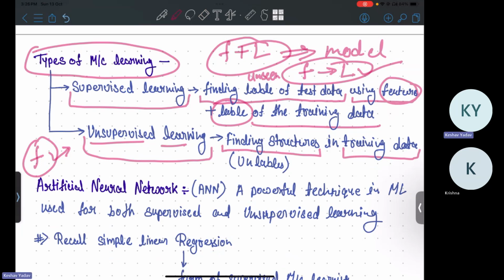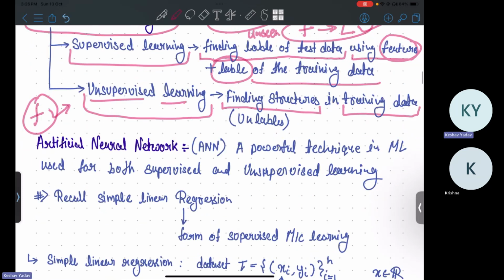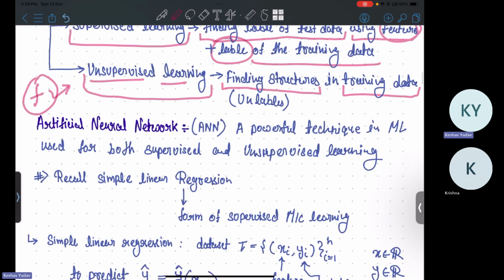Like you would have heard about proper orthogonal decomposition or dynamic mode decomposition. We have some kind of data, and that data is used to find the structures in the data set. So that comes under unsupervised machine learning.